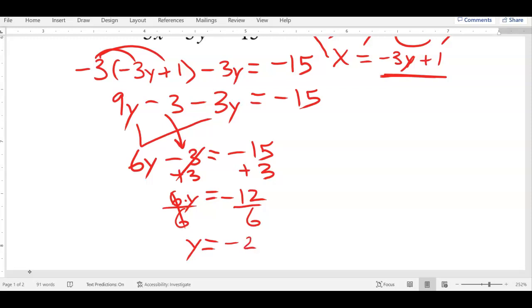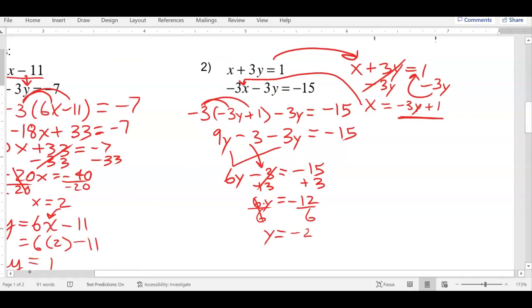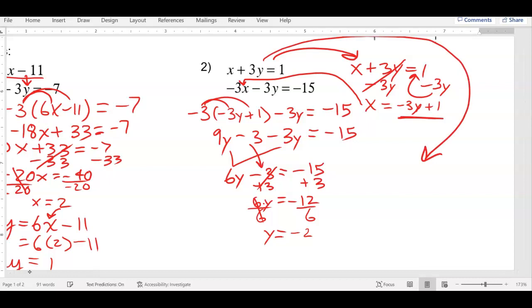Oh, all that work, and we're done, right? We just found the y. Now we got to find the x. So here's what we can do. Just take one of these equations. I'm going to take the original one, and I'm going to put y equals right there.